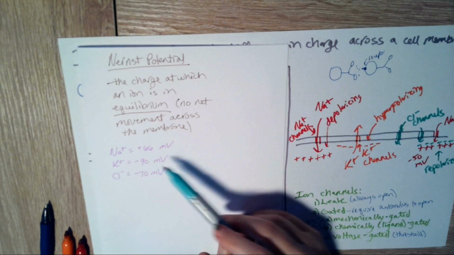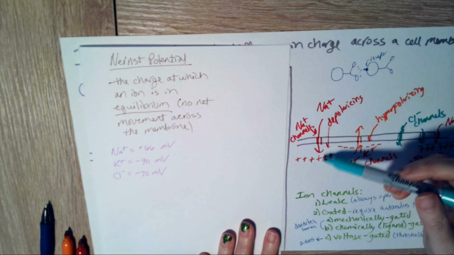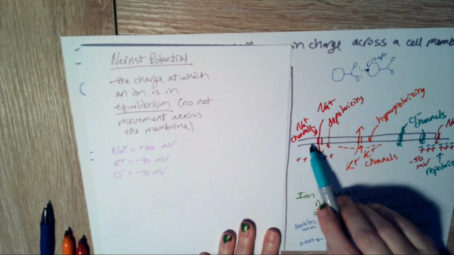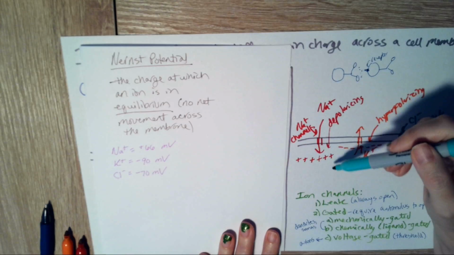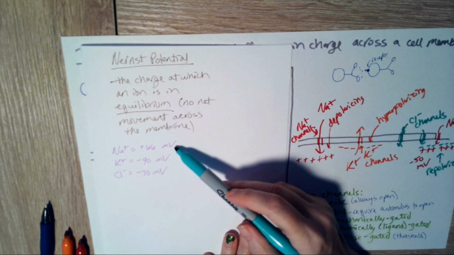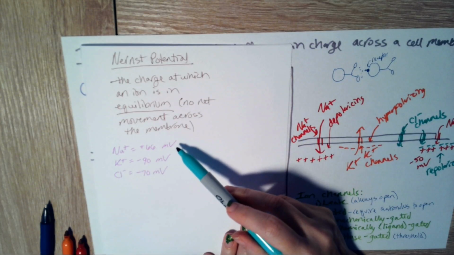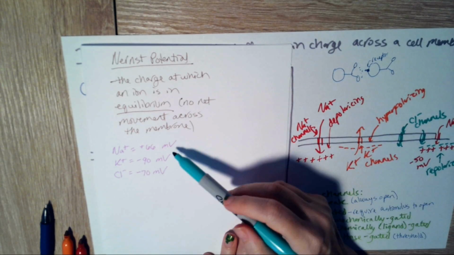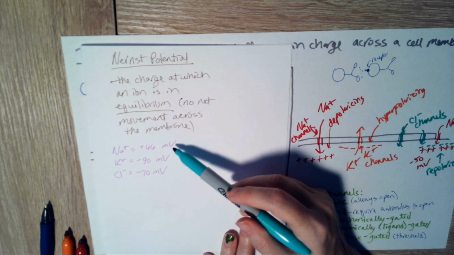So if this membrane was at positive 66 millivolts, that's the charge where the electrical repelling, with it being so positive inside, would be equal to the chemical push for sodium to go in, and sodium would no longer enter the cell. This is not something that is typically going to happen in everyday life. It's not something you would want to happen because you need sodium to come into the cell in order to do anything. So this isn't really a realistic potential to have happen to you.